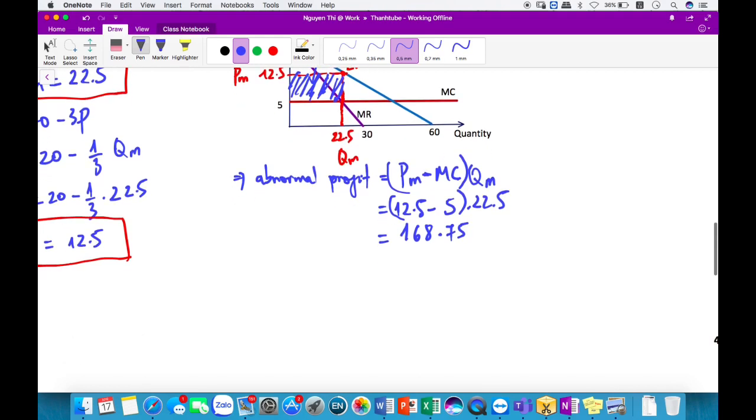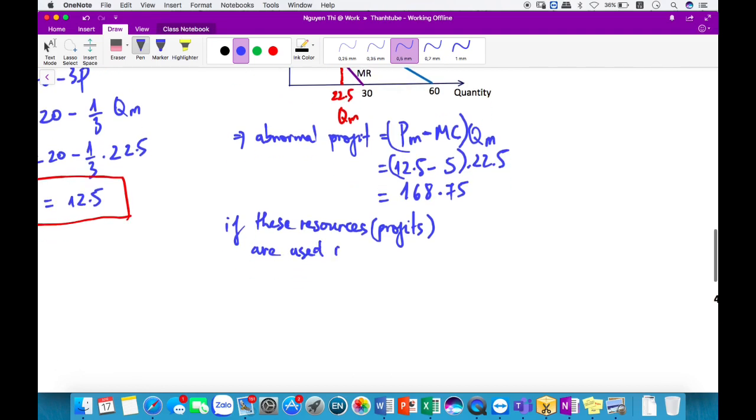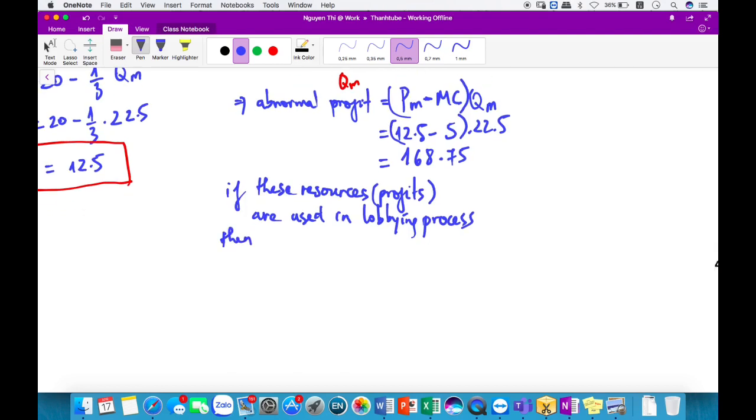If these resources, or profit, are used in the lobbying process, then the rent-seeking cost is equal to that abnormal profit, equal to 168.75.